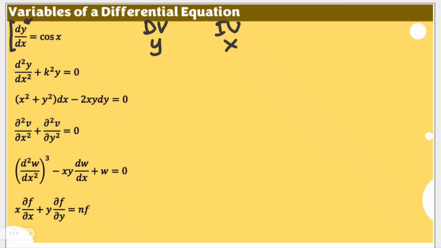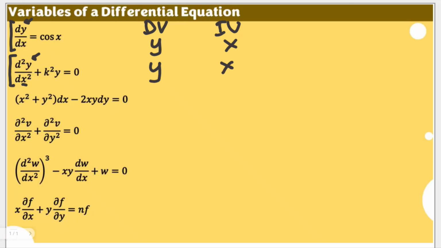Let's proceed to our second expression here. The second derivative of y with respect to x plus k squared y equal to 0. Again, as mentioned earlier, the variable in the numerator is your dependent variable, and what you can see at the bottom is your independent variable.